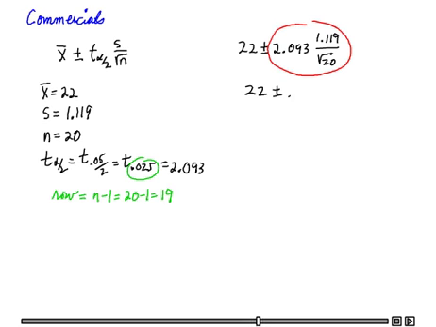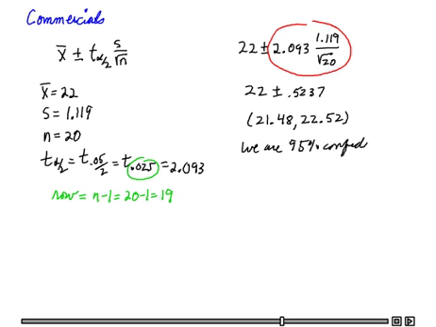And that is 0.5237. And that will give me my confidence interval, adding and subtracting that from 22. So 21.48 to 22.52.